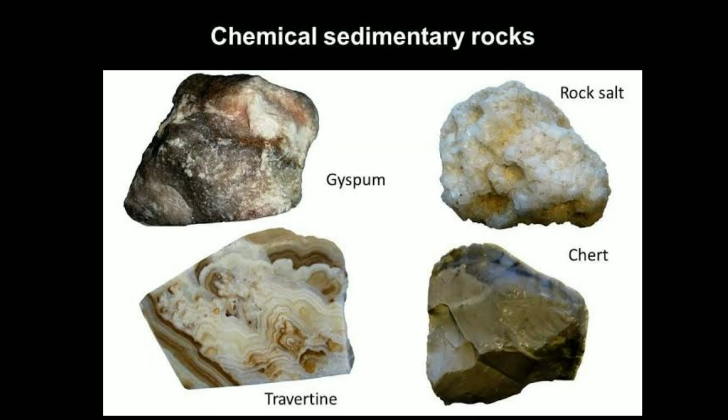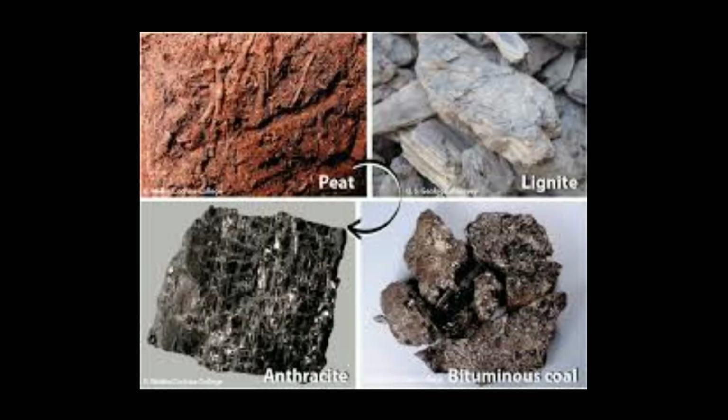What is chemically formed sedimentary rocks, children? This is formed by the process of evaporation of water containing salts in solution. Example, rock salt, gypsum, etc. Third one is organically formed sedimentary rocks.